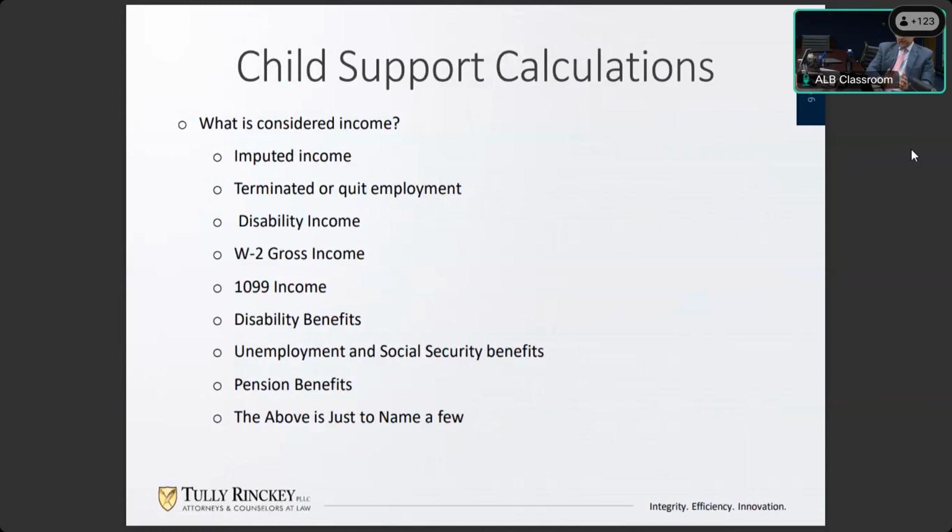All right, quick example. Someone has their own business. They write off a lot of expenses and they say, well, geez, my income was only $100, but I grossed $2,000, okay? And then the court's going to look at, what did you write off?